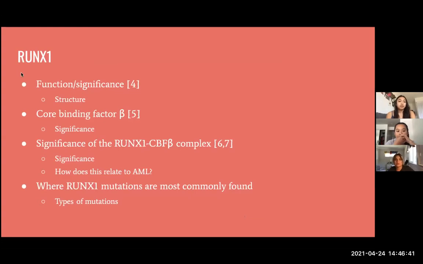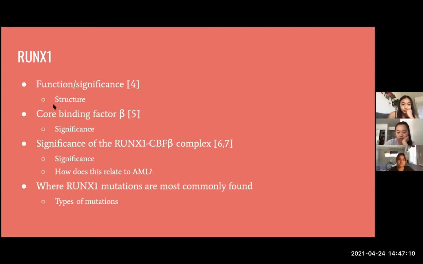So for a little background on RUNX1, its function is that it's a main transcription factor that is essential for initiating hematopoietic differentiation. It signals the differentiation of myeloid blood cells, B cells, and T cells, which are crucial for the maturation of blood cells.